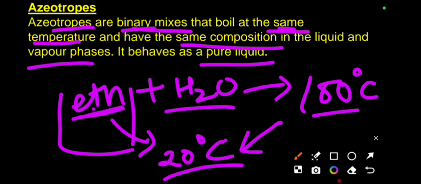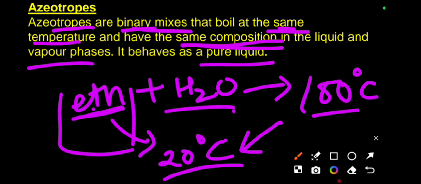It will boil at the same temperature. At that temperature we can't identify whether it has two components or not, because one boiling point will represent only one compound, one liquid, but both have only one boiling point at a particular composition. That's why it is written here: same composition in the liquid and vapor phase, and behaves as a pure liquid.